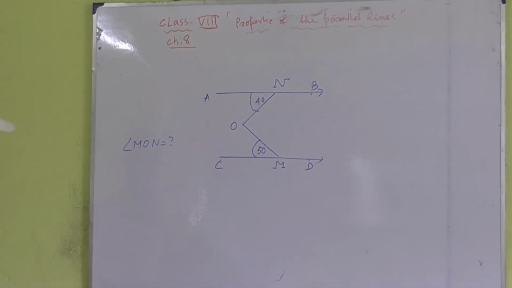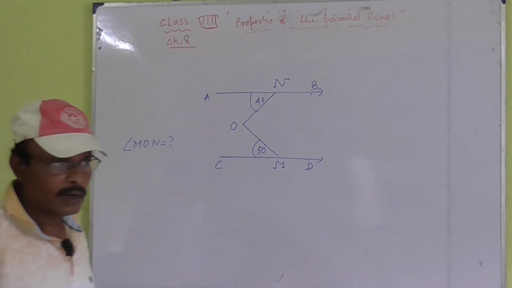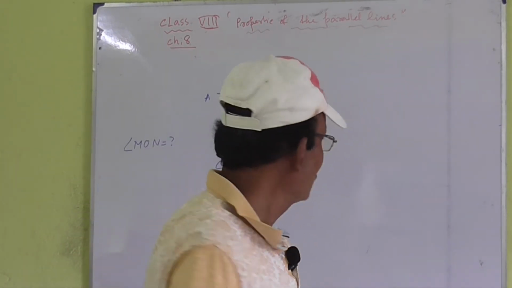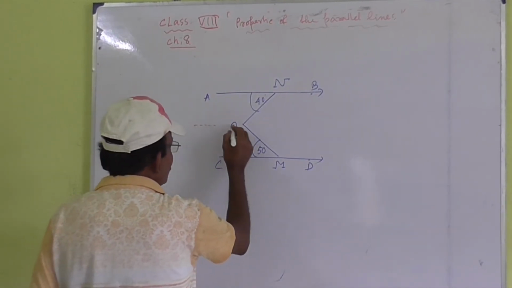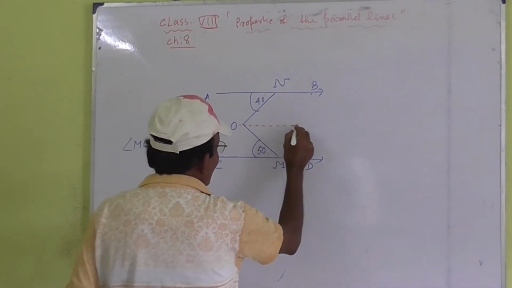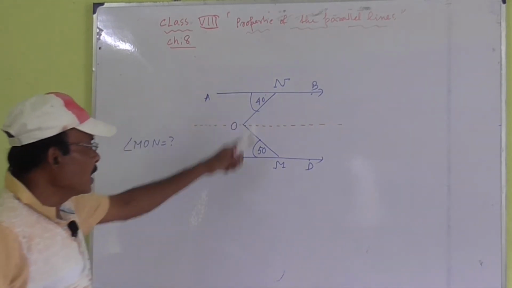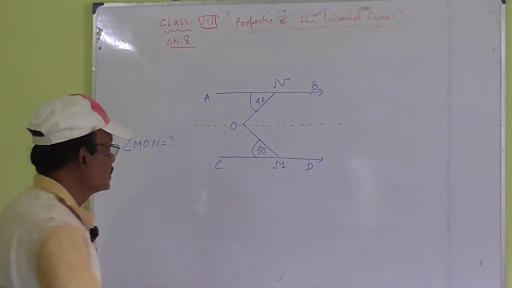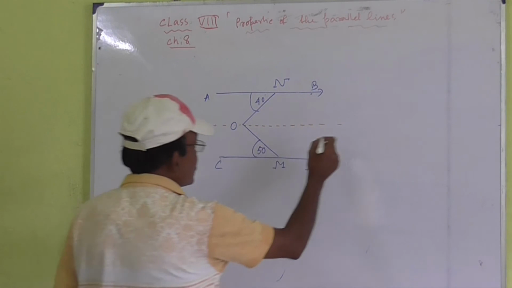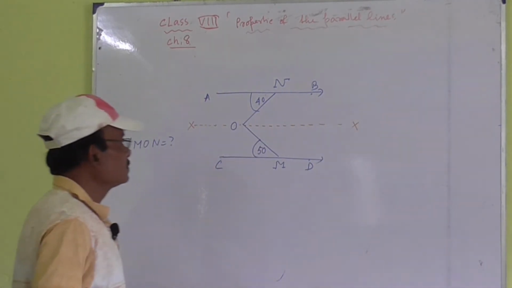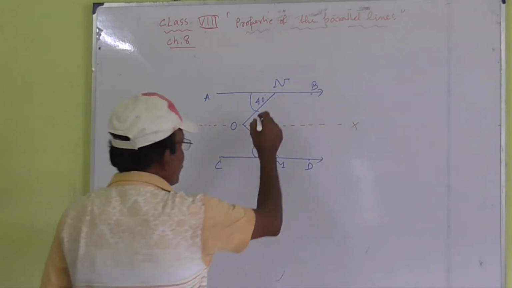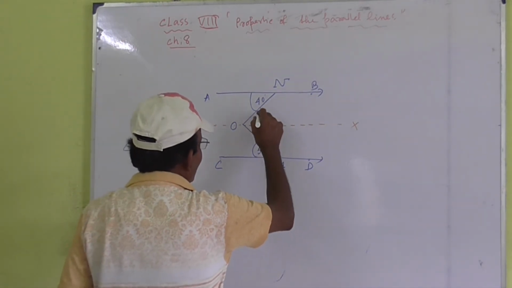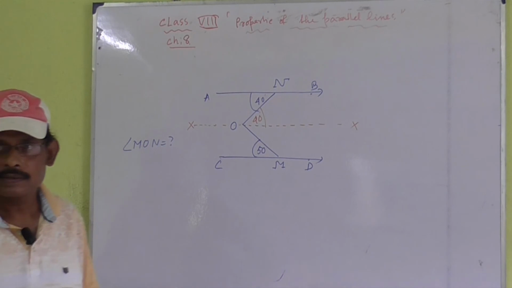Okay. How to get the answer? Now, I draw a line parallel to AB or CD named XY. This angle is 40 degrees, so this angle is 40 degrees. Why?